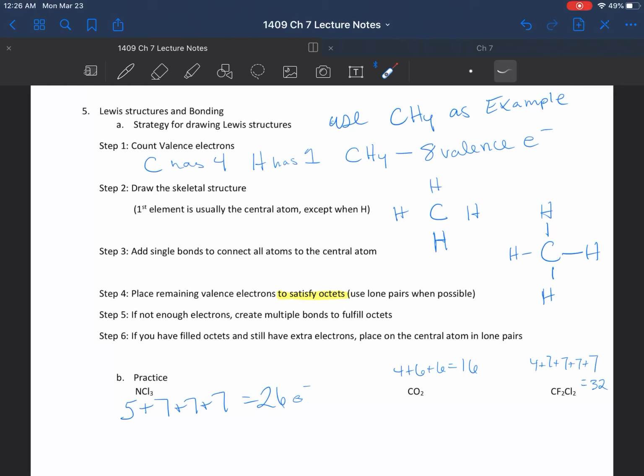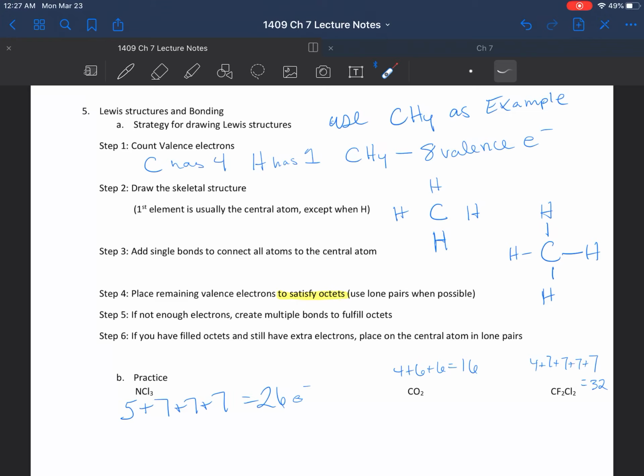Is the octet rule satisfied? Carbon has 1, 2, 3, 4, 5, 6, 7, 8 electrons around it. It's happy. Hydrogens each have 2. It's an exception. The hydrogens are all happy. This is the complete Lewis structure for methane. There are no more valence electrons. All of the rules are satisfied.